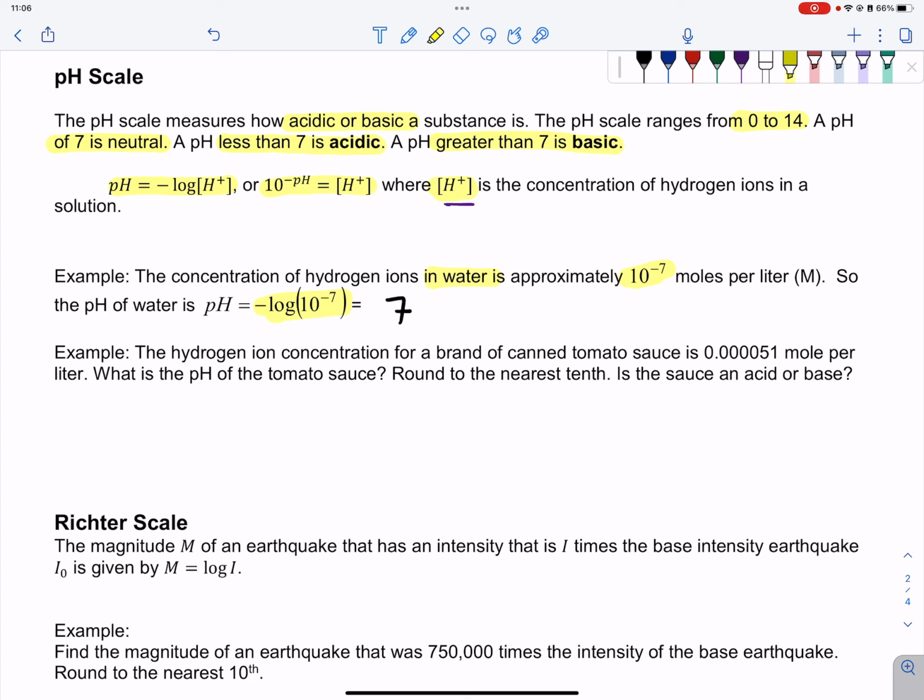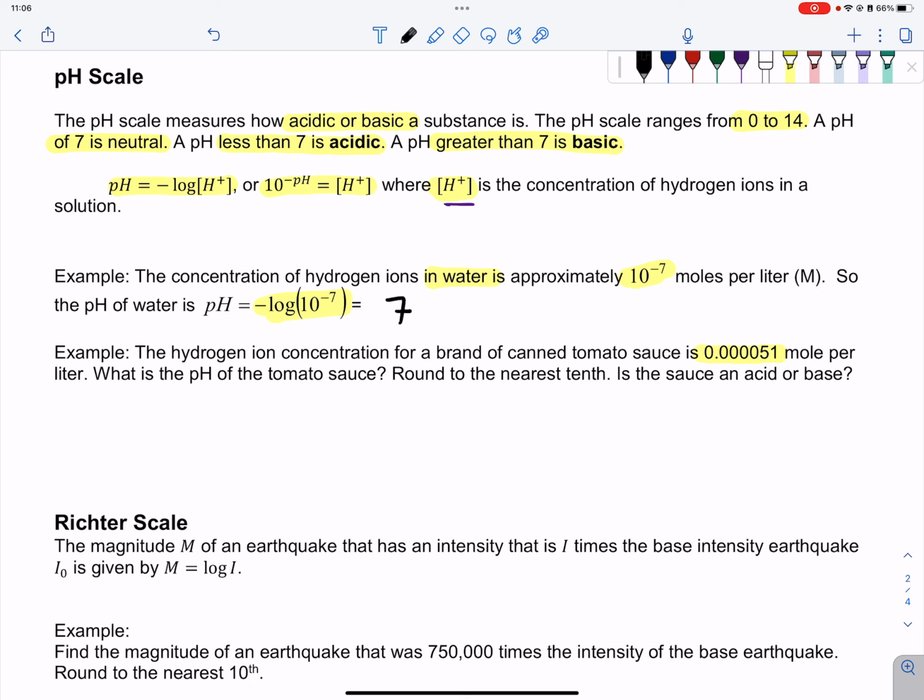The next problem, we have that the hydrogen ion concentration for a brand of canned tomato sauce is 0.000051 moles per liter. So now we are asked, what is the pH of the tomato sauce?